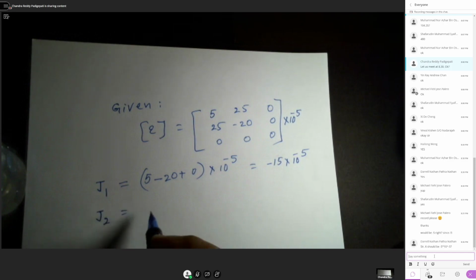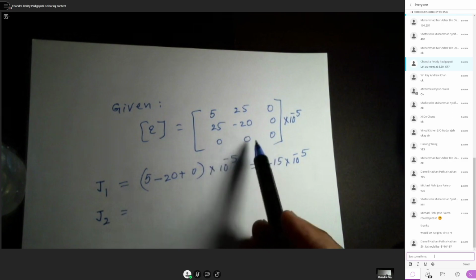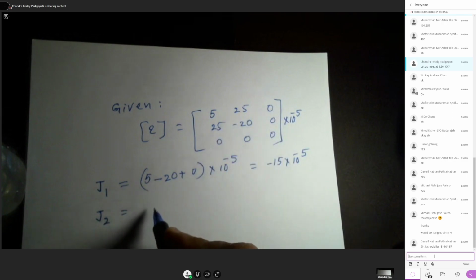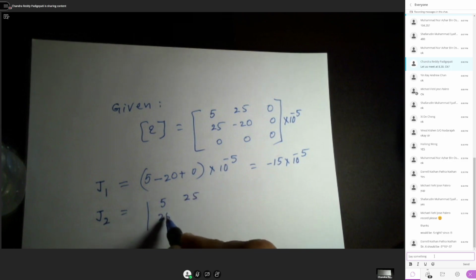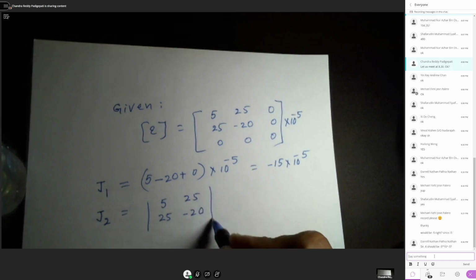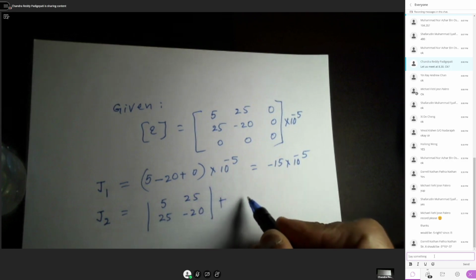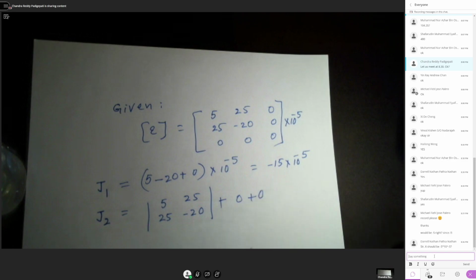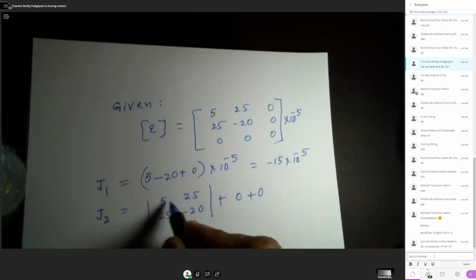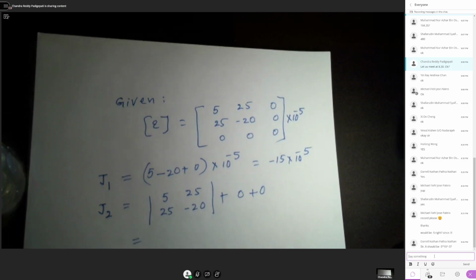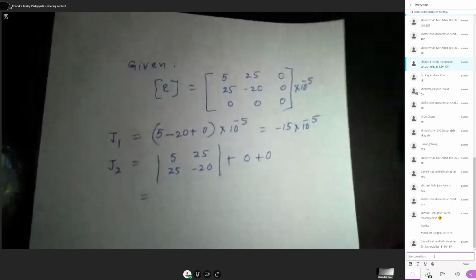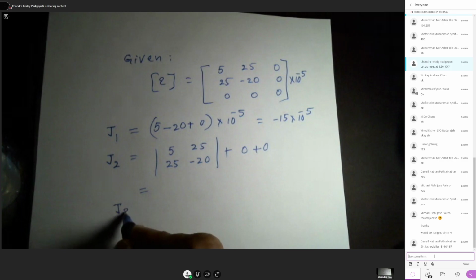So J2. One good thing is you have 0, so you can simply write this as 5, 25, 25, minus 20, plus 0 plus 0. Basically you get 5 into minus 20. Can someone calculate and let me know the answer for J2? And J3 will be 0.